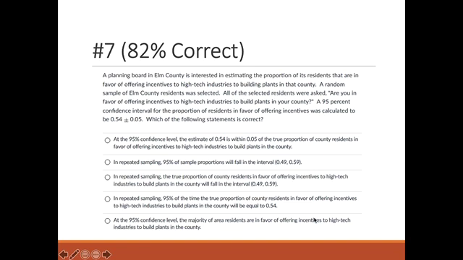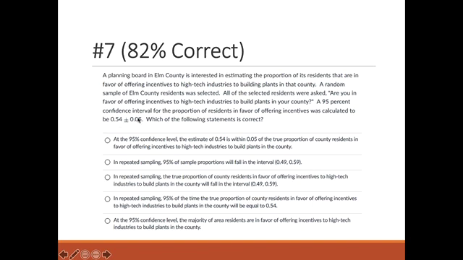So here, 82% got question number 7 correct. You're told that this 95% confidence interval for the proportion of residents that favor offering incentives was calculated to be the point estimate plus or minus the margin of error. So 0.54 minus 0.05 is 0.49, and 0.54 plus 0.05 is 0.59.